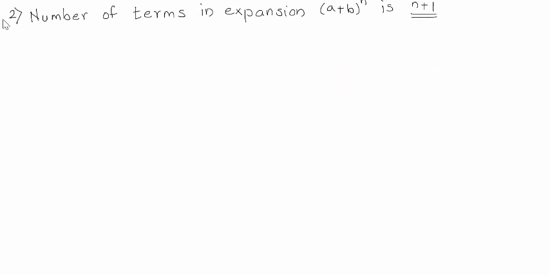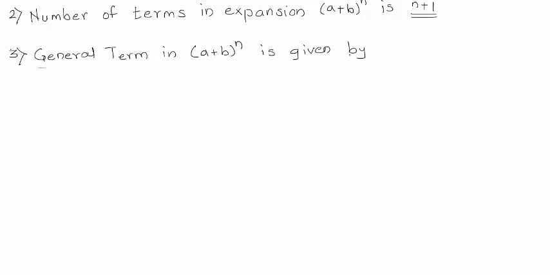In pointer 3, now we are going to find any random term in the expansion, that is called the general term in the expansion of (a + b) raised to n. So we write here general term in (a + b)^n. So students, the general term represents any random term, and I can use this formula to find any random term directly from (a + b) raised to n.